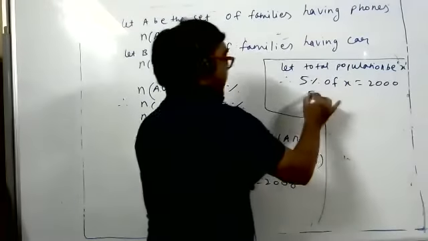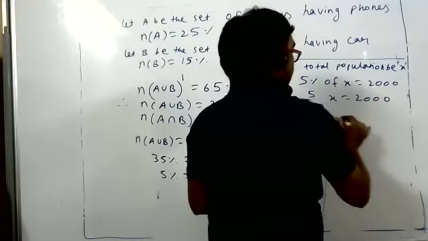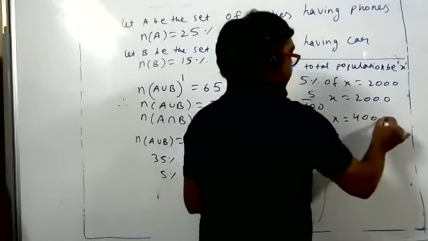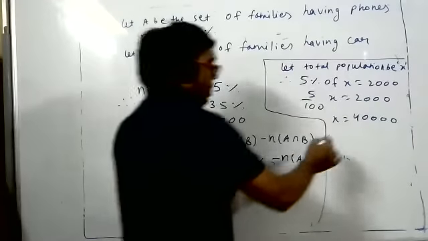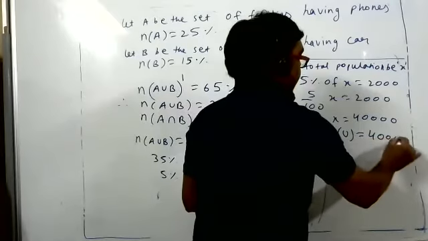So 5 by 100 times X is equal to 2000. So what is X? 40,000. So this is the number of elements in the universal set.